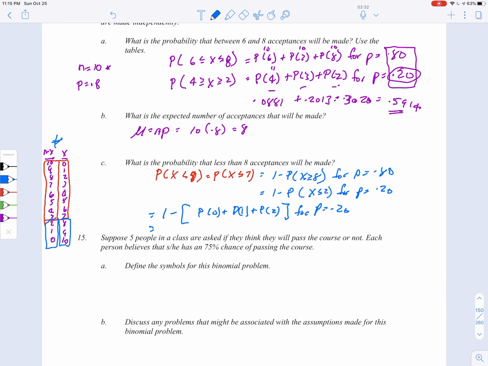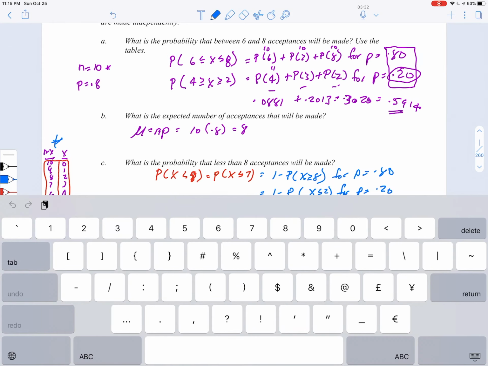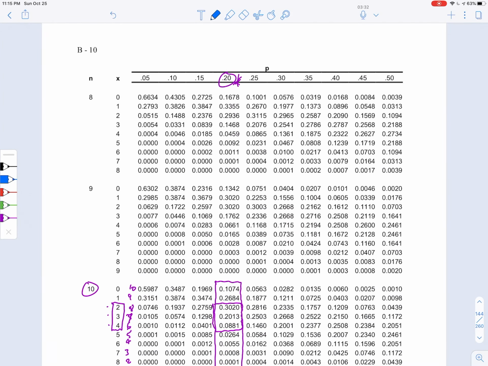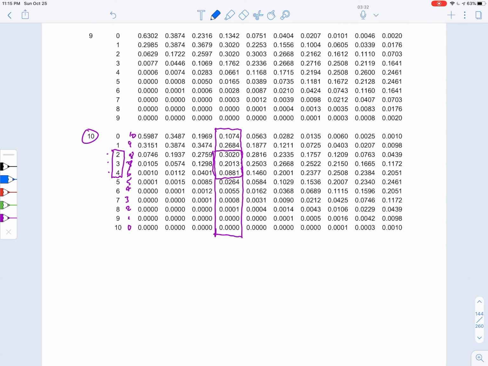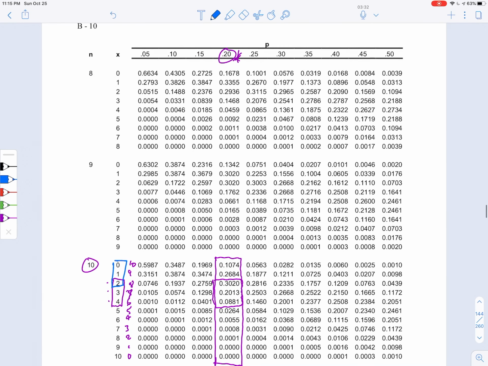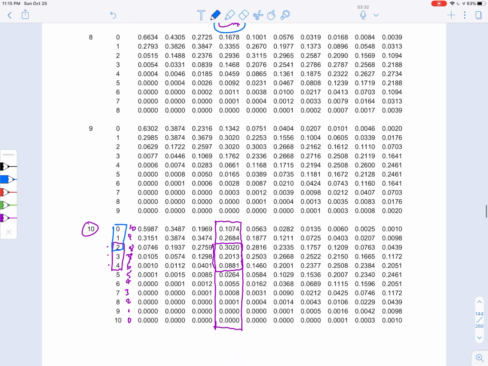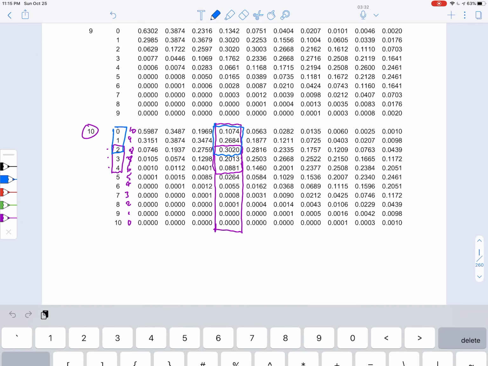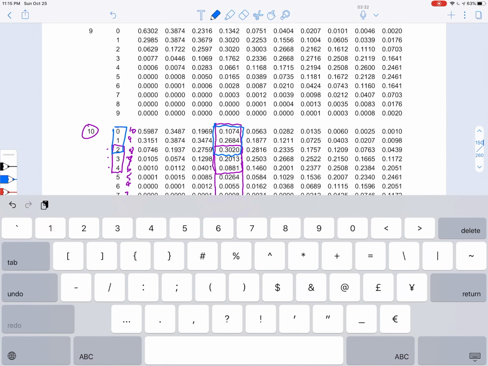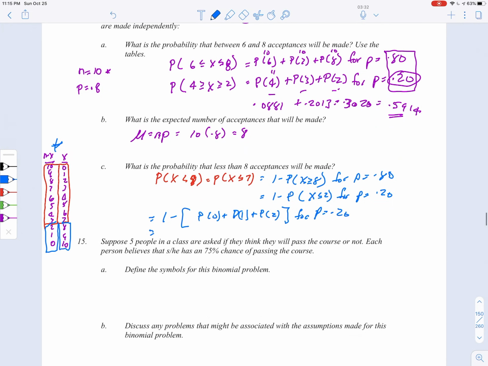So what I'm going to do is go back to the table here. We determined that we were looking at 0, 1, and 2. So remember, we're under the p equal to 0.2 column, so we're actually looking at these first 3. All right, let's go back there.